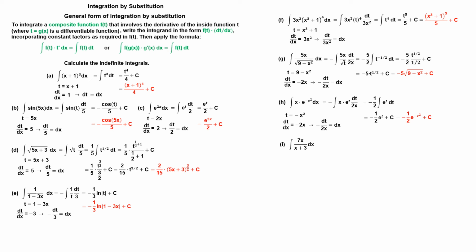This example is a little bit different from the previous ones because it makes sense to let t equals x plus 3. But the derivative of t does not appear as a factor in the integrand. So let's continue with the substitution anyway. If the first guess doesn't work, we will try another substitution.